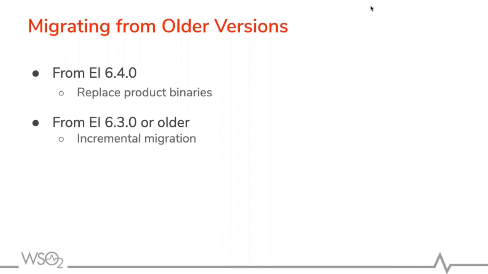So keep in mind that if you were using some applications to access these APIs, you would need to migrate them. But other than that, there is nothing to be done on the Carbon applications. You just have to replace your product binaries when you're migrating from EI 6.4.0 to 6.5.0.